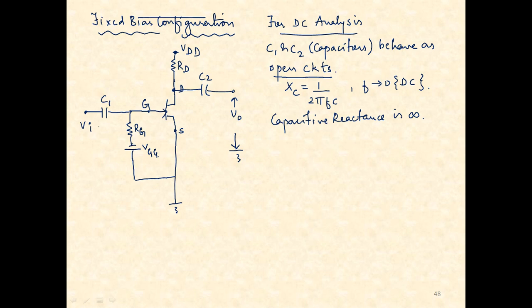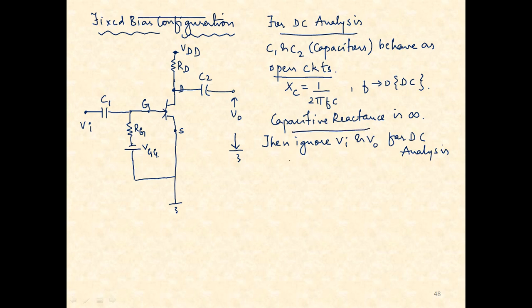So C1 and C2 behave as if they are open circuits. When they behave as open circuits, you can just ignore the input signal Vi and the output signal V0 for DC analysis.